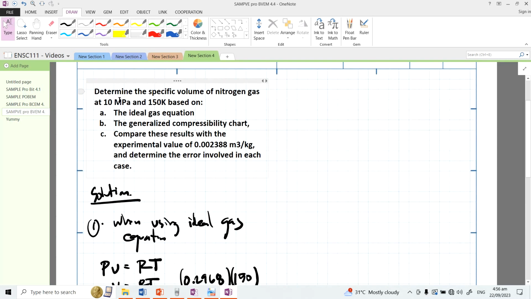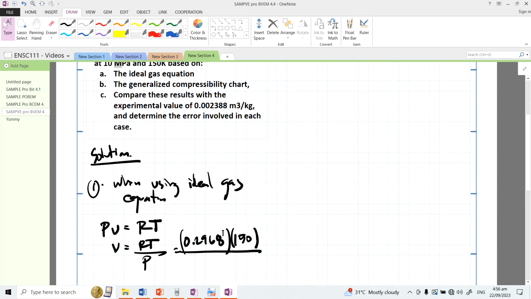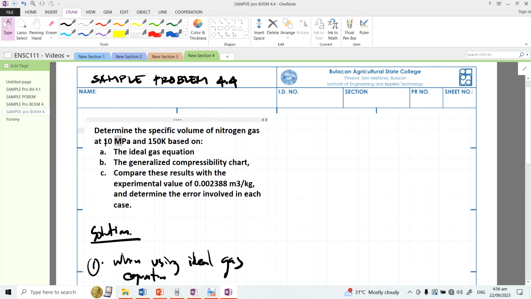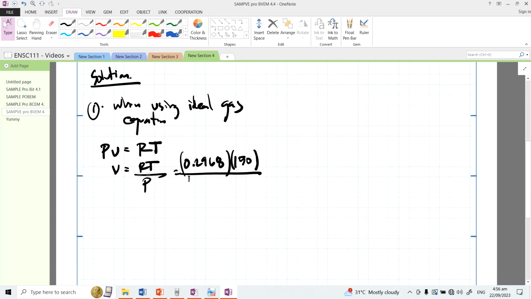We have to convert this to kilopascals because R is in kilojoules, so that is 10,000 kPa.